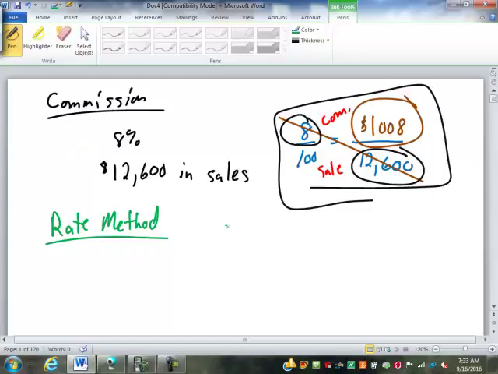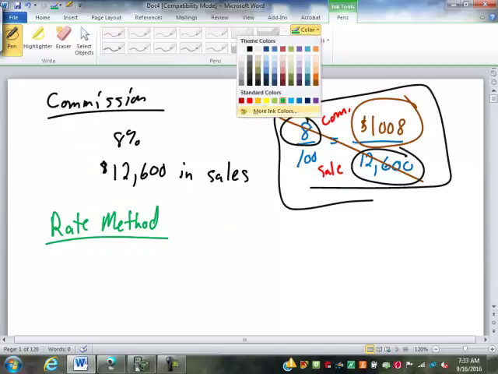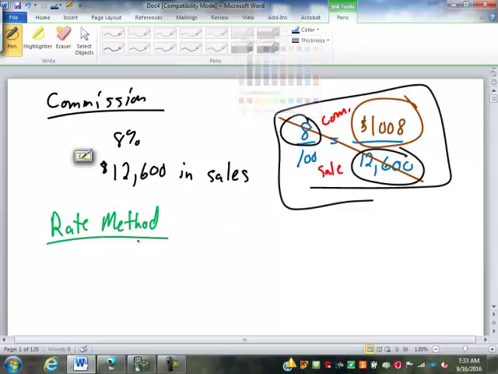You're always just multiplying by that percent or that rate. So for this one, you could take your sales of 12,600 and multiply by what's 8% as a rate? 0.08. That'll give you the 1,008 commission.